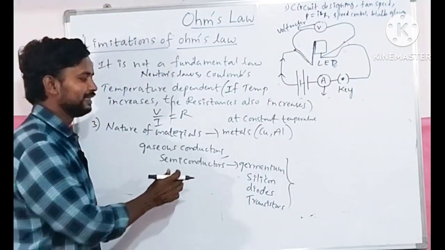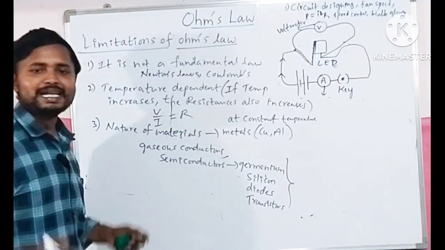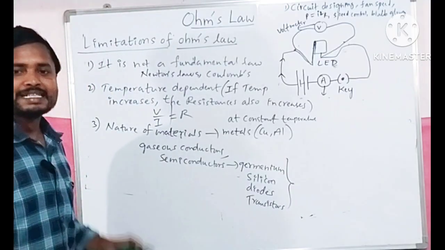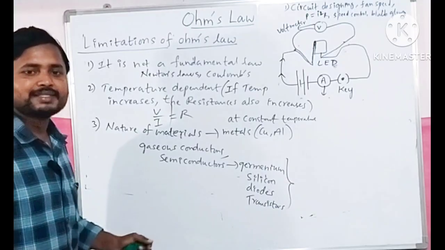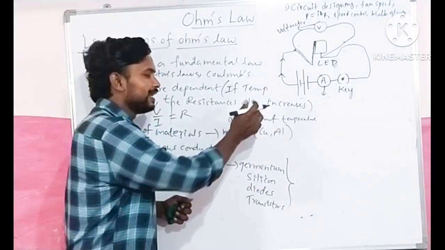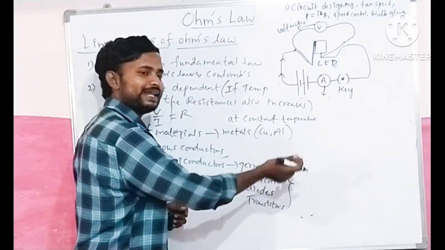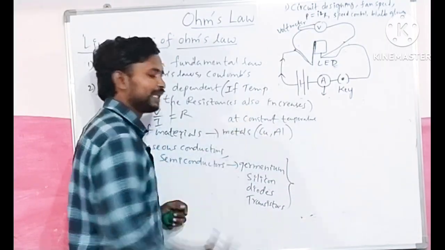Ohm's law, all materials do not follow Ohm's law. Some metals only obey Ohm's law at a constant temperature. Here the condition is a constant temperature. At constant temperature, some metals obey Ohm's law.